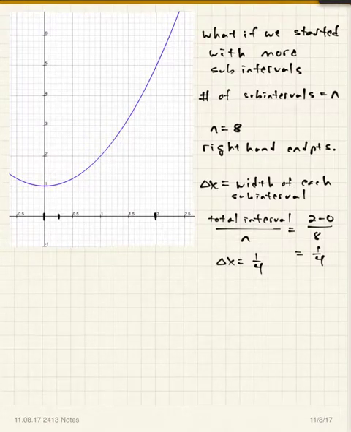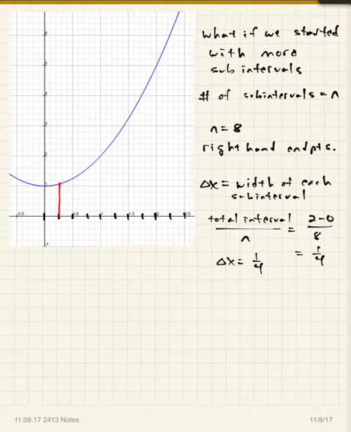And so if I go through here and I look at 8 subintervals, notice each one is going to have a width of 1/4. There are my 8 subintervals. Each has a width of 1/4. And I'm going to use the right-hand edges for each of these to calculate the heights of the rectangle above each subinterval.